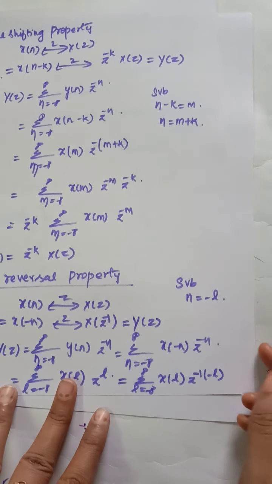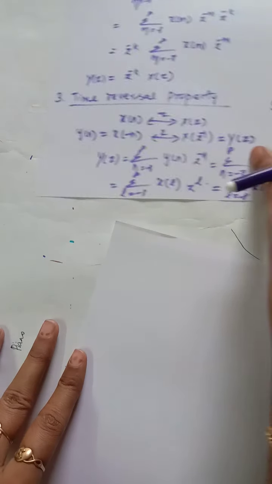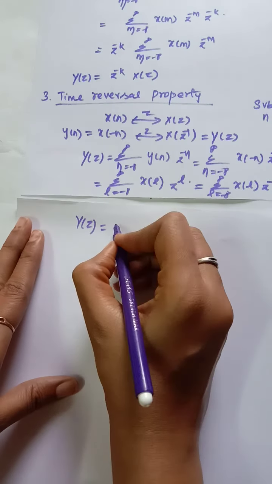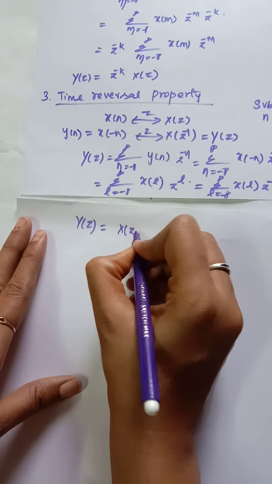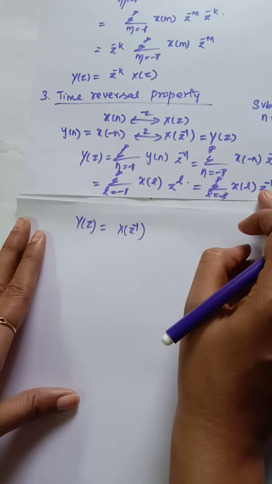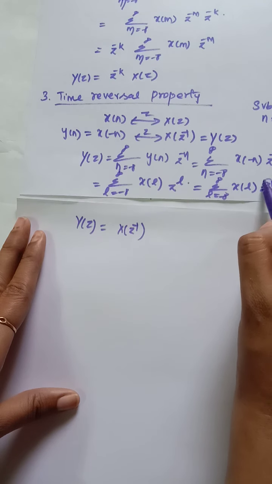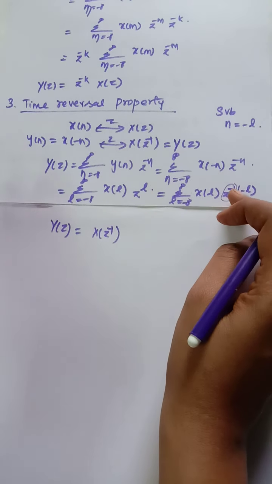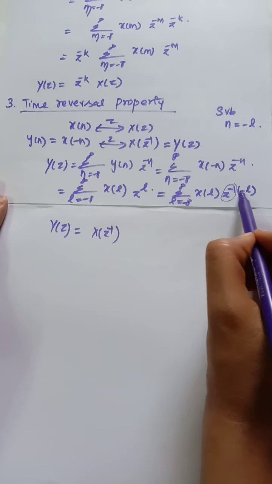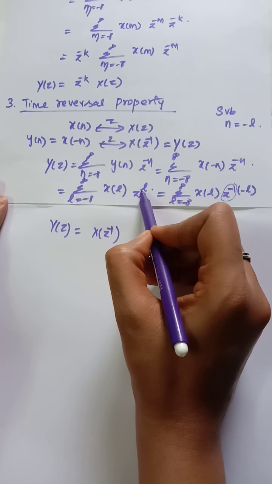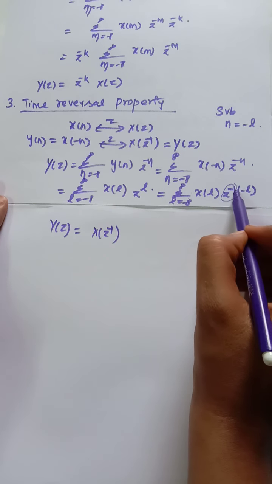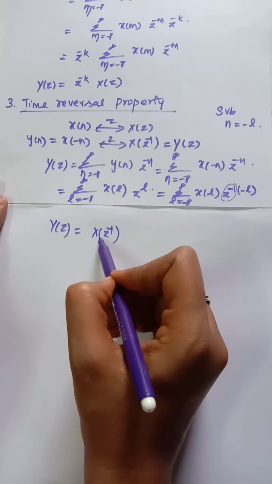Now applying the Z transform formula, y of z is equal to x of z inverse, because we take only the terms we have for z. Here I am having z power minus 1. When you multiply minus into minus, you get plus l, right? But according to the formula I need to have minus, so I am multiplying by minus into minus.